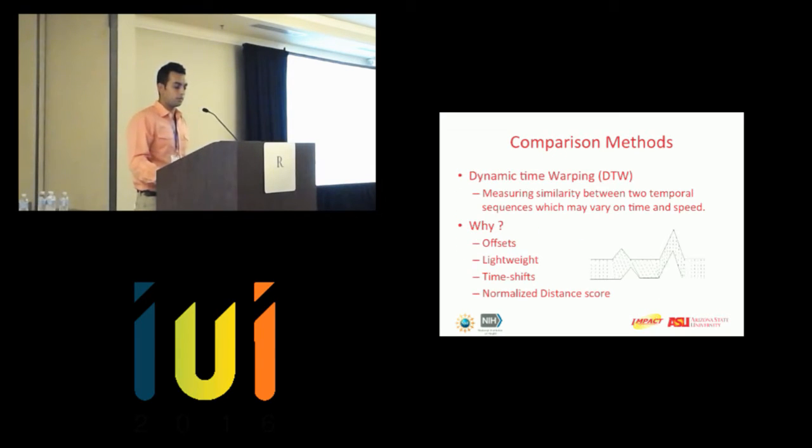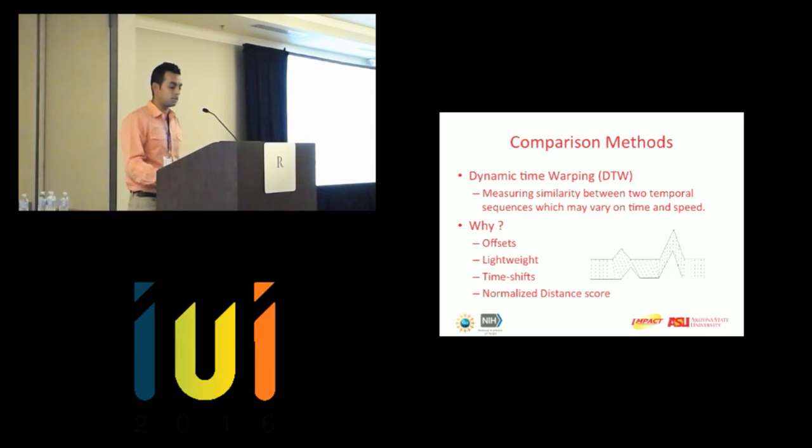For the comparison methods, although we tried a lot of different techniques, we came upon DTW, dynamic time warping, which measures similarity between 2 temporal sequences which vary in time and speed. This is used extensively in the speech recognition domain.